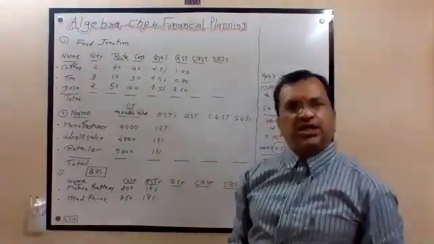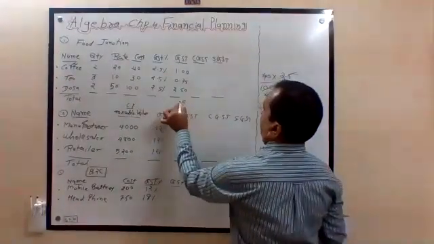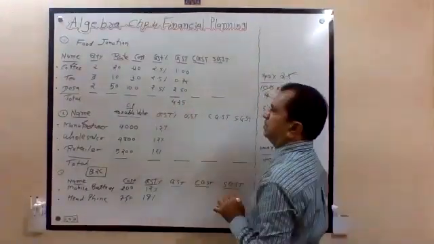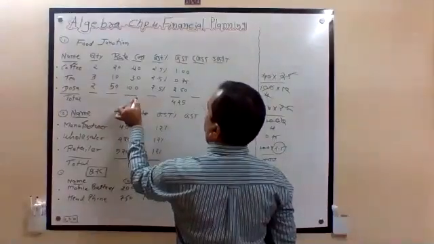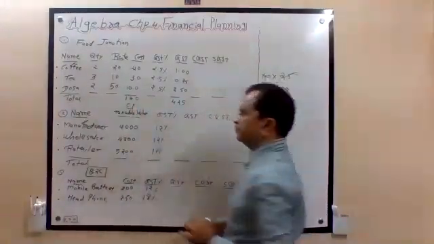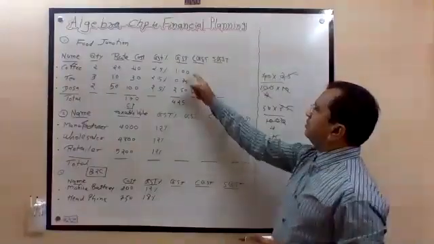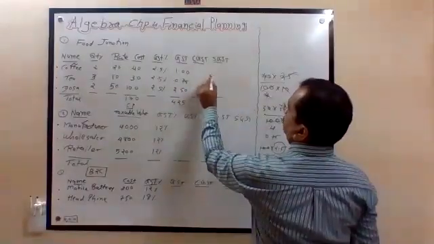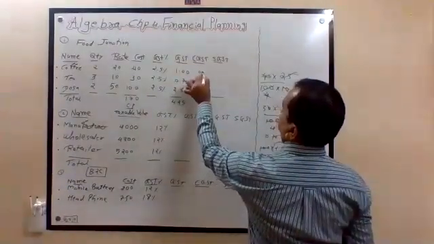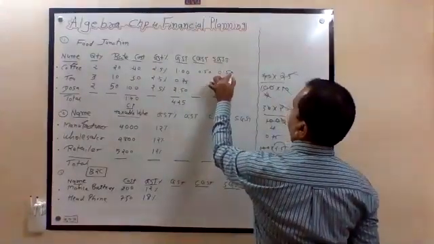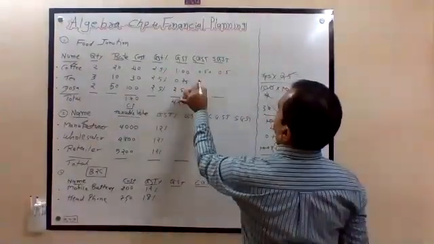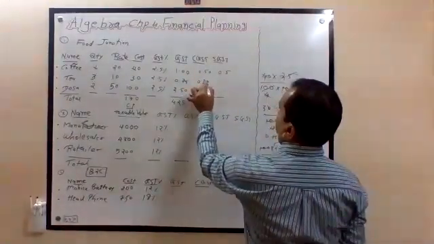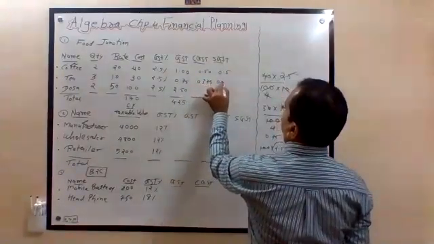So how much is the total GST? How much is the total cost? Now GST, CST are half, so close. 1 rupee 50 paise, 75.